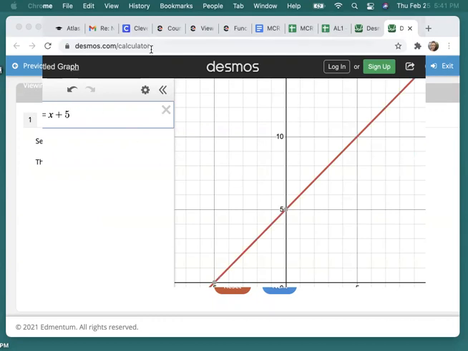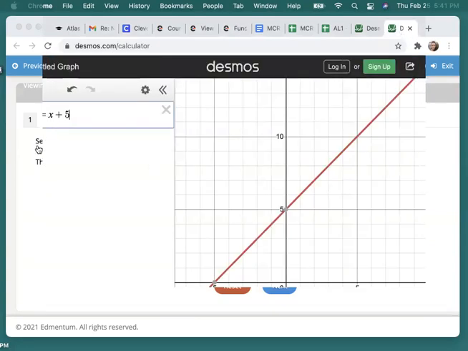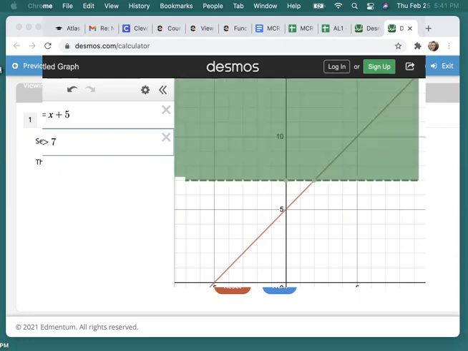And it says in our problem that the range, which is the y values, is between 7 and 9. So I'm going to do y is greater than 7.